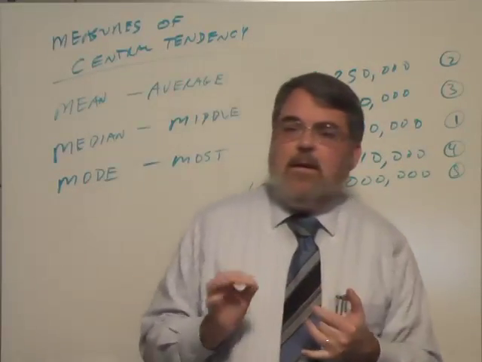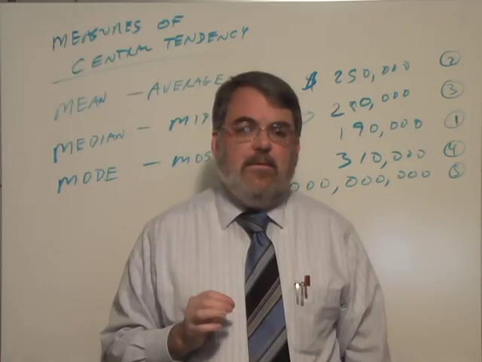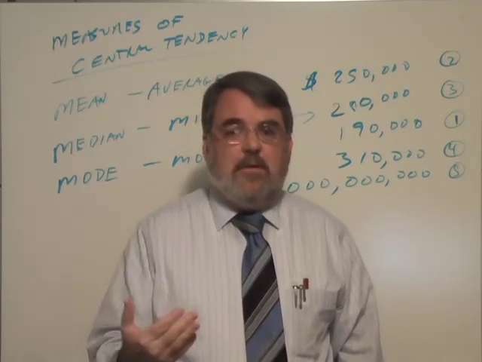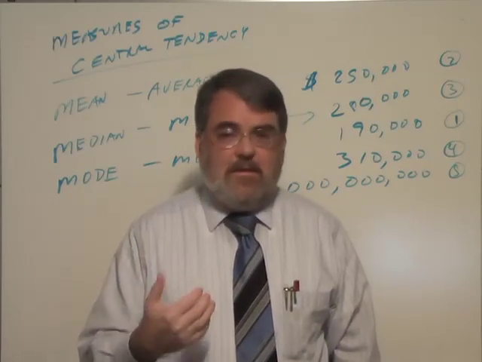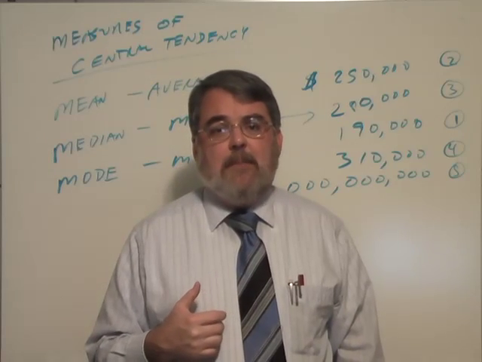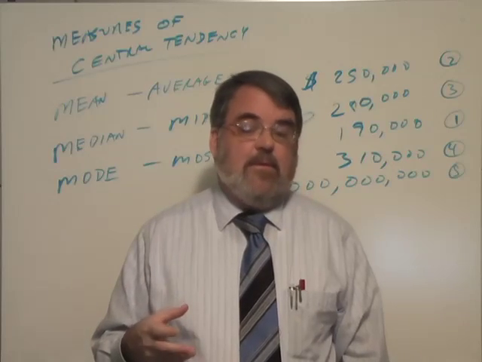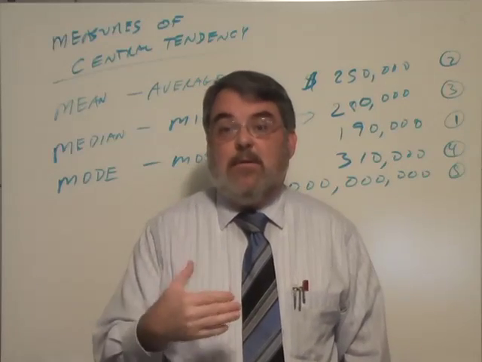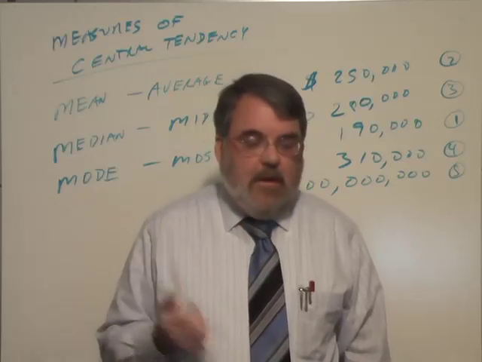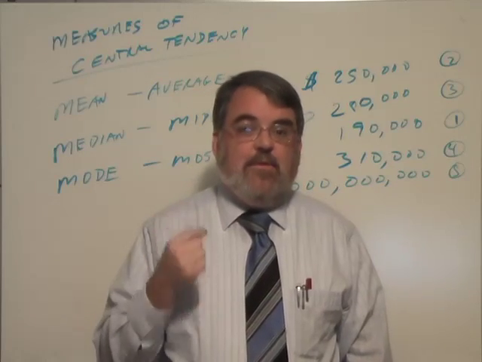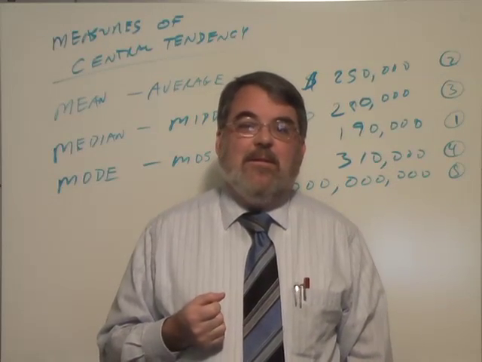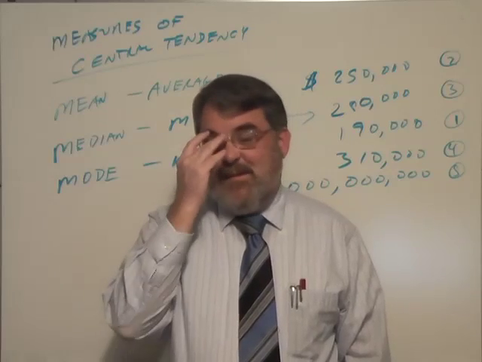So median is used to help describe the center of data, the central tendency of data, without regard to some major distorting factors that would distort the mean or average. So anyway, that's where you see median. Now, there's a huge disadvantage to using the median in statistics.